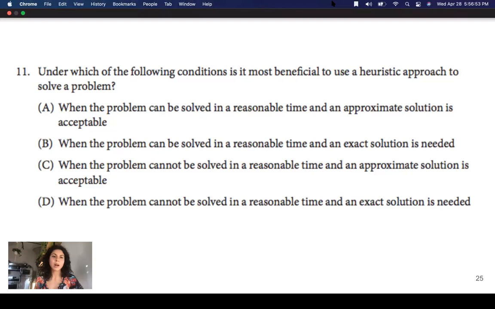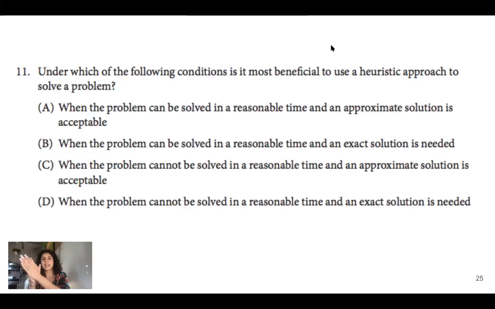Let's do our last problem of the day. Okay, last problem of the day. Under which of the following conditions is it most beneficial to use a heuristic approach to solve a problem? We discussed this earlier. I hope y'all get it.